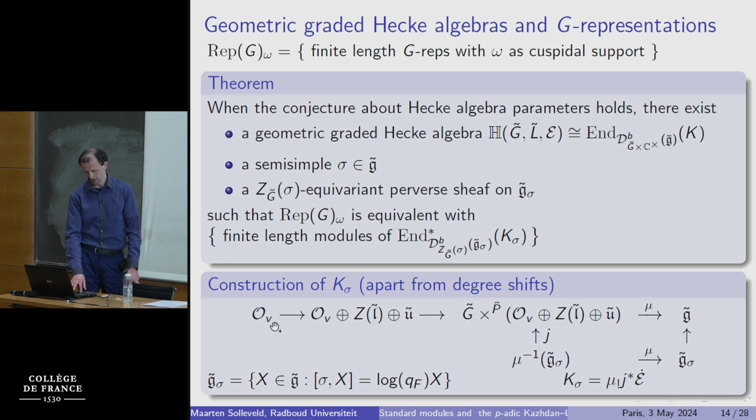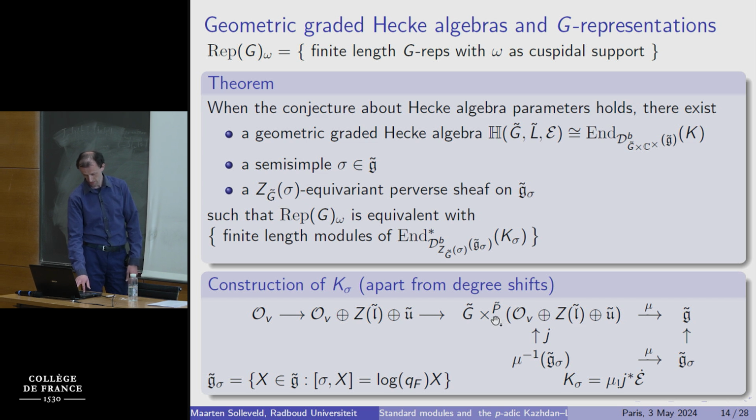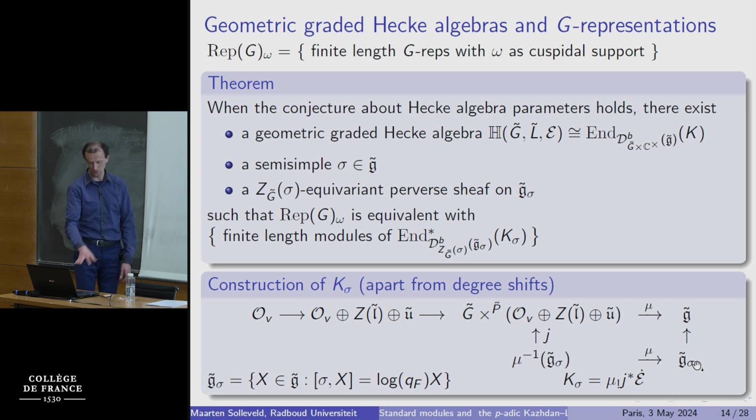We apply this kind of parabolic induction procedure until at this point here we have a G equivariant local system, and then we do not push it forward immediately to G, but first we restrict it to a smaller subset which is associated to this sigma, and only then we push it forward to the part of G which is associated to this sigma.